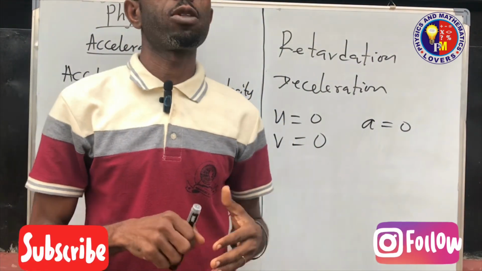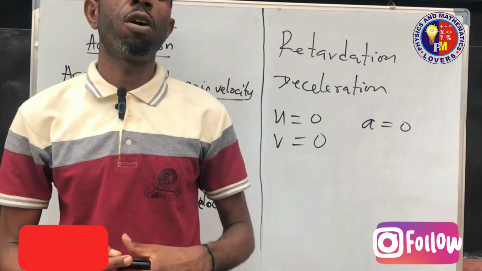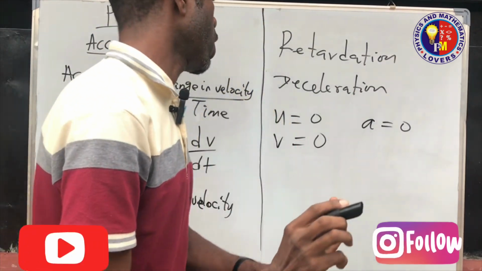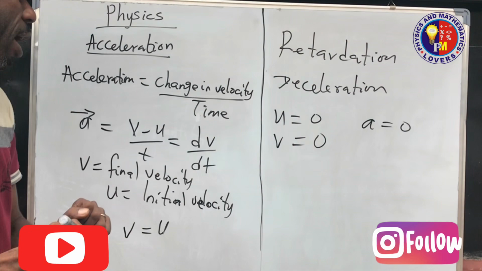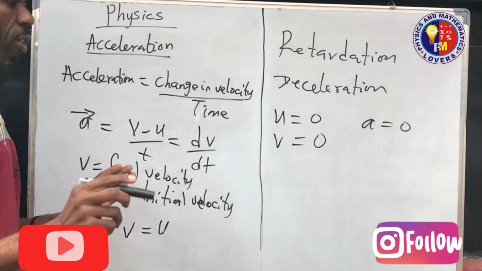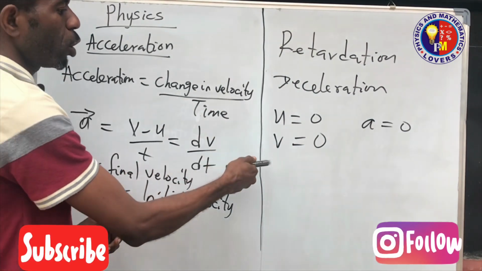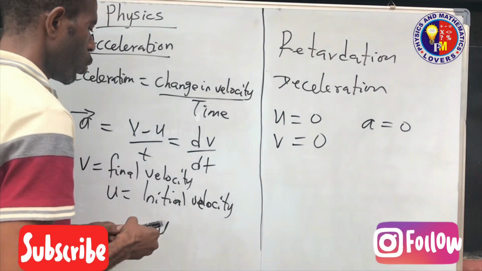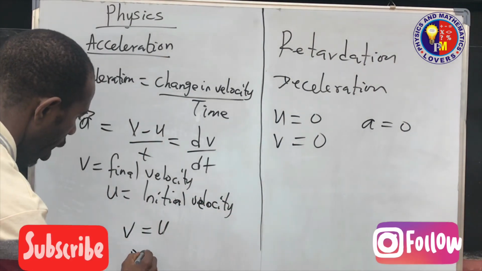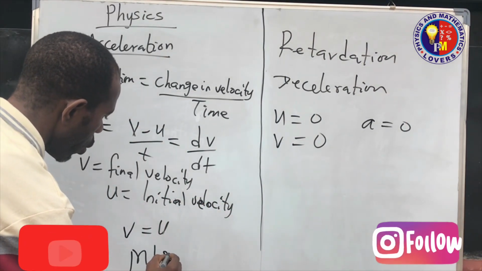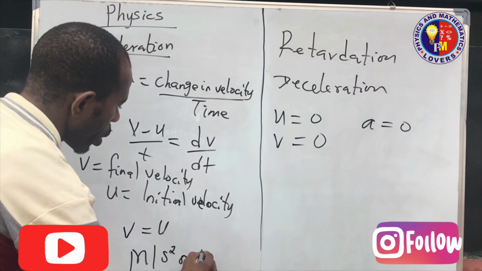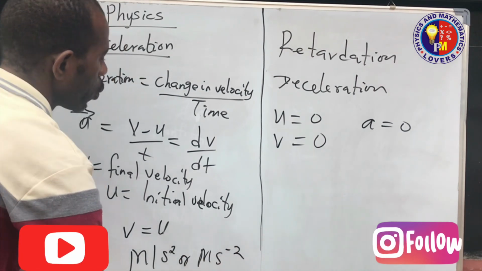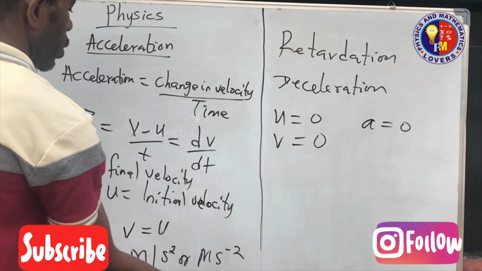We say that the body has decelerated or retarded. That is acceleration. Now, the unit, like I said earlier, is meter per second squared, or you put it this way, m s raised to power minus 2. That is acceleration for you.